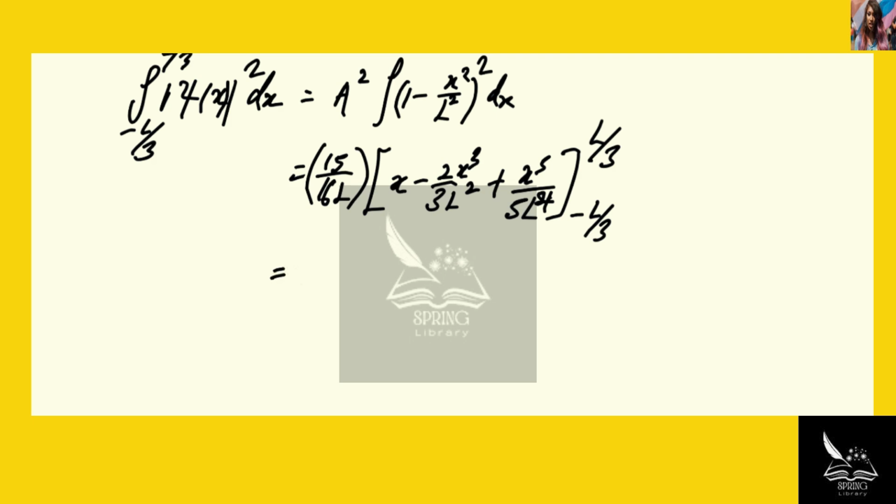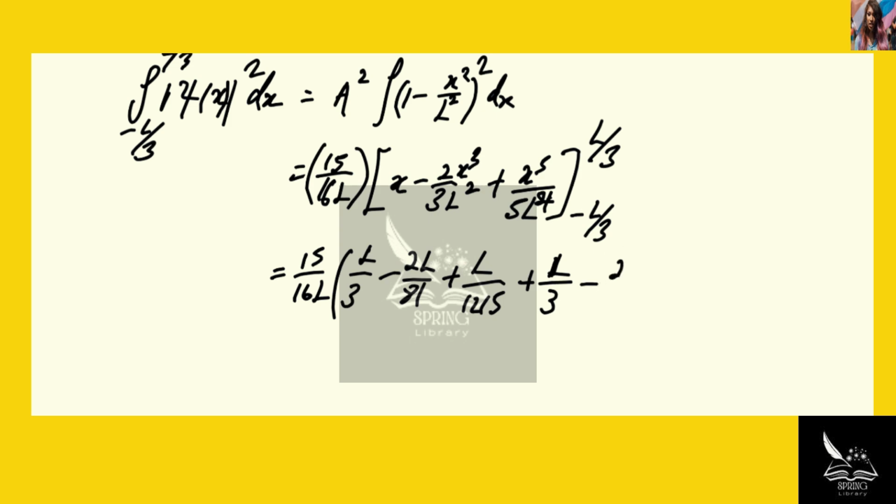Substituting in, you get something like 3 minus 2L over 81 plus L over 1215, plus the same thing, and what we get is actually just 47 over 81.